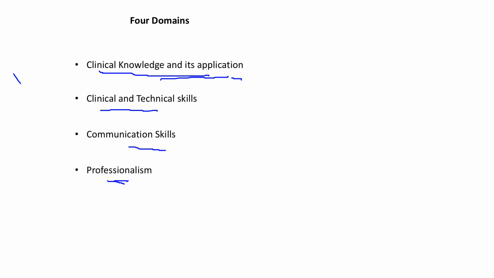And in communication skill stations, although communication skills are predominantly assessed, other skills are also assessed, like knowledge and professionalism. So these are the 4 domains. When you get exam results, you also get results in these domains, but there's no pass mark in these domains. This is just for your information, how many marks you got in knowledge and how many in communication skill.